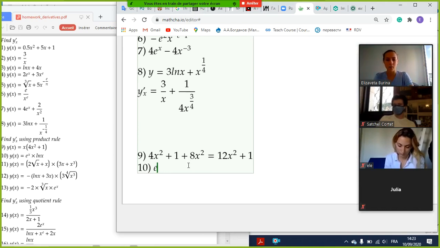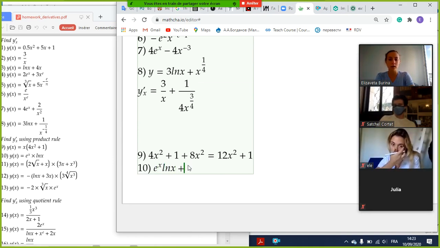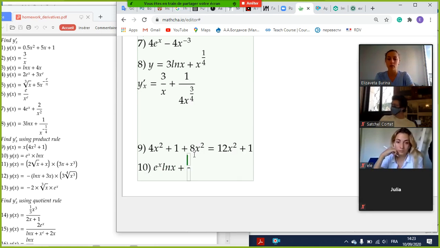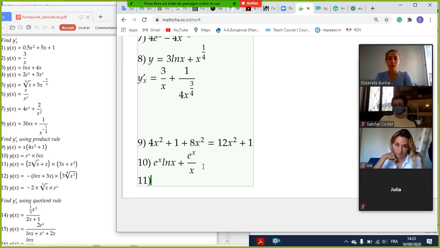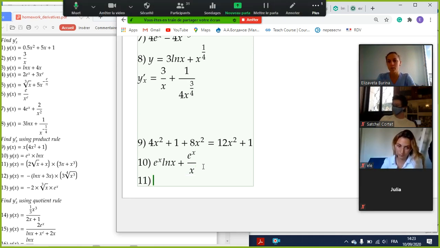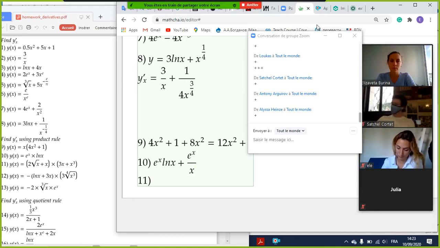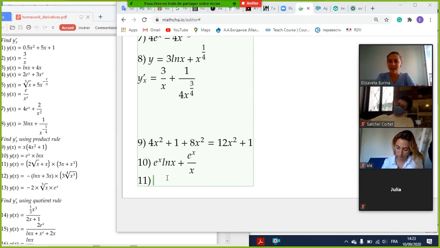So e to the power of x times logarithm x plus, we can write it in a fraction like that, e to the power of x over x. 1/x is the derivative of the logarithm, and the first part we leave it. 11. So again, it makes sense to use product rule.